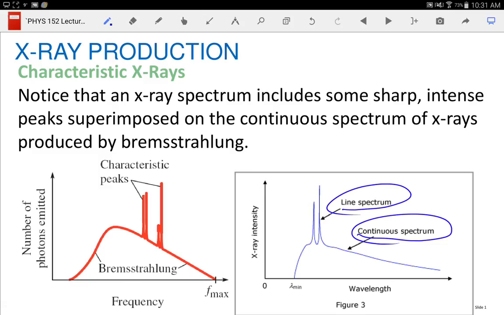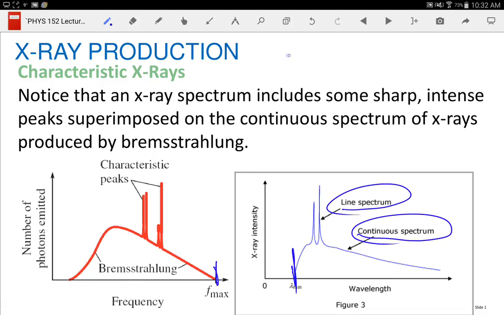And so that Bremsstrahlung radiation has a maximum frequency or minimum wavelength corresponding to the entire energy of the incoming electron being converted into a photon.